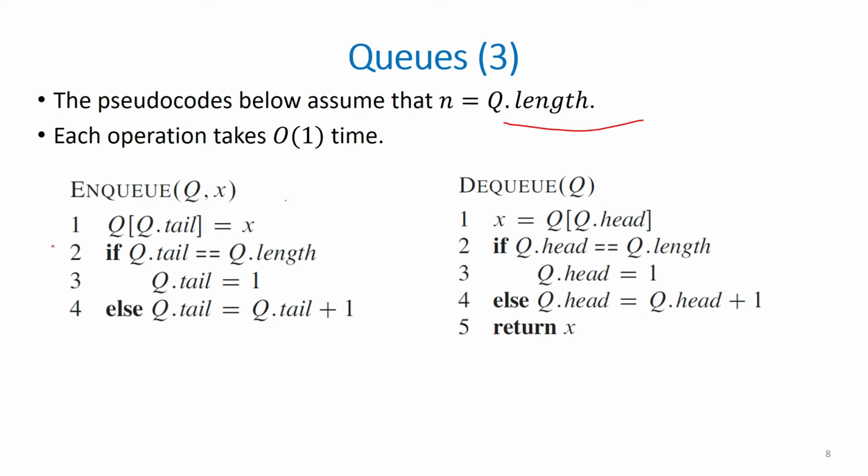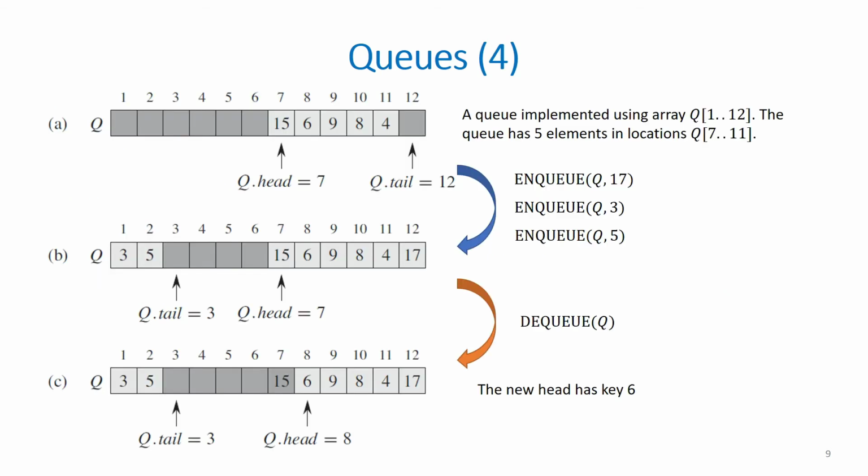The remaining one empty position is used to check the extreme cases, that is, whether the queue is empty or full. Let's look at an example where q.length is equal to 12, and after some ENQUEUE and DEQUEUE operations, q.head is pointing at position 7, and the pointer q.tail is positioned at 12. So currently, there are 5 elements in the queue.